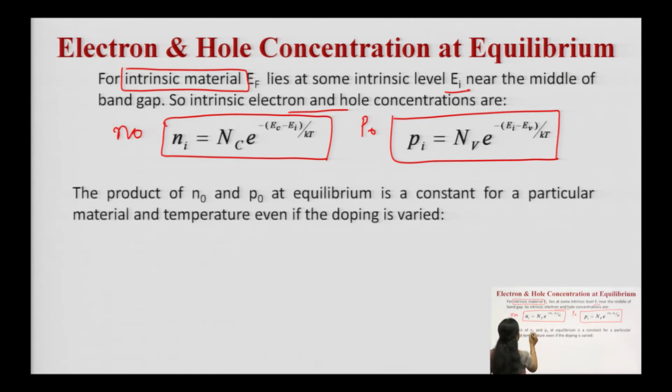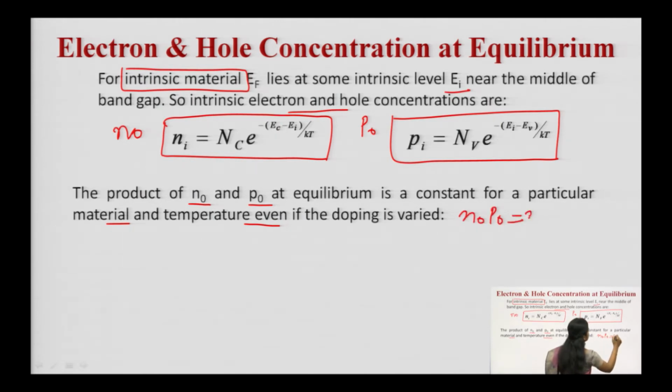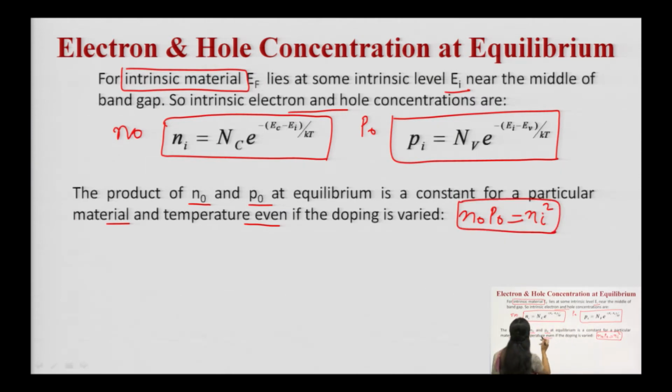The product of N naught and P naught at equilibrium is constant for a particular material and temperature, even if the doping is varied. You have studied the mass action law. What is the mass action law? N naught into P naught is equal to Ni square. This is the mass action law. So, at equilibrium, the product of N naught and P naught is a constant for any temperature, for any kind of material.